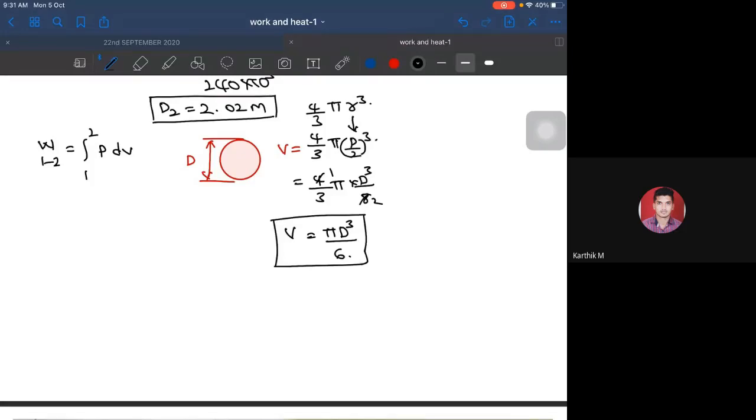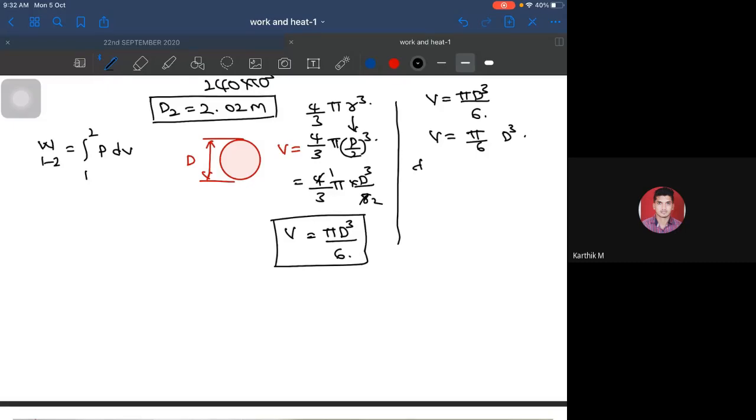Now, what I'll be doing is taking this particular thing here. So volume is equal to pi d cube divided by 6, so volume is equal to pi by 6 d cube. Now I'll be differentiating on both sides.